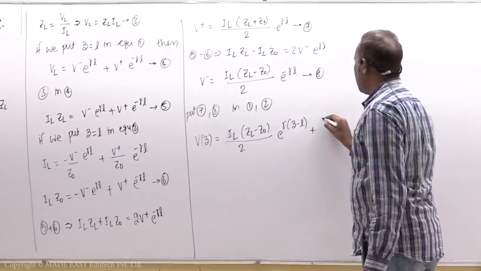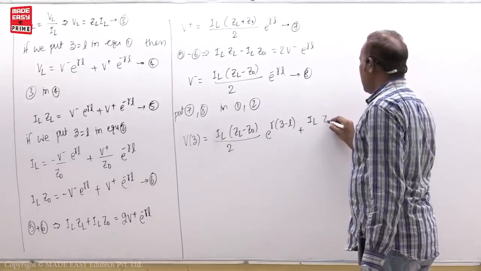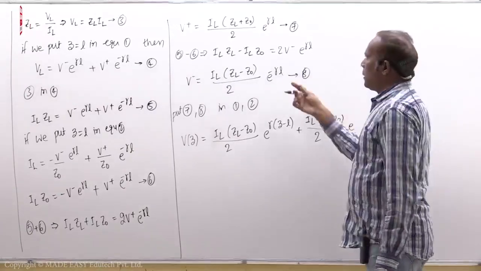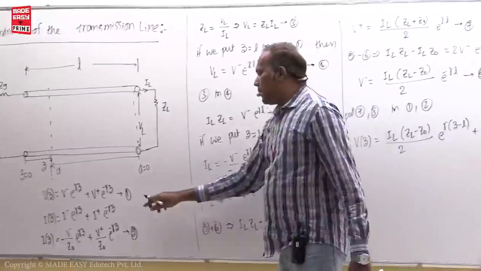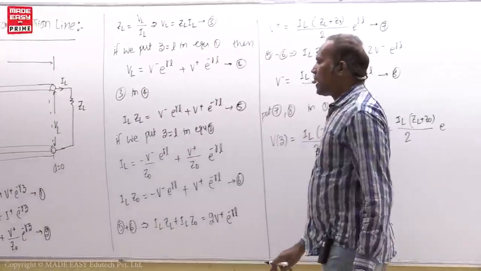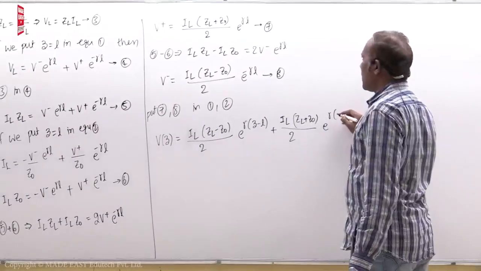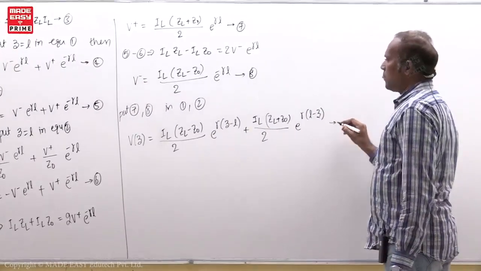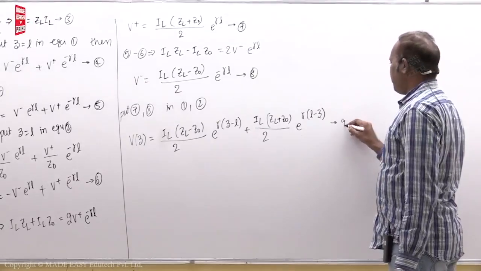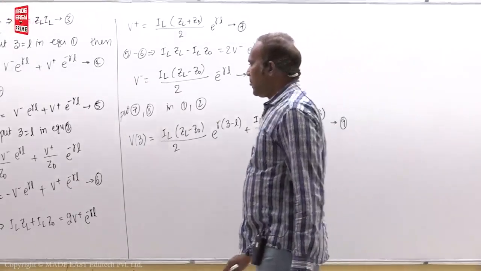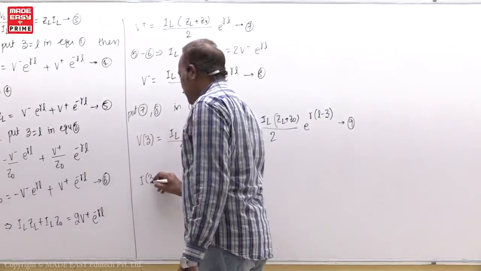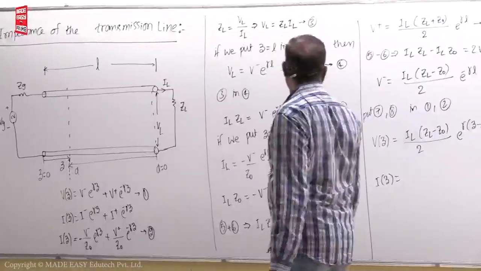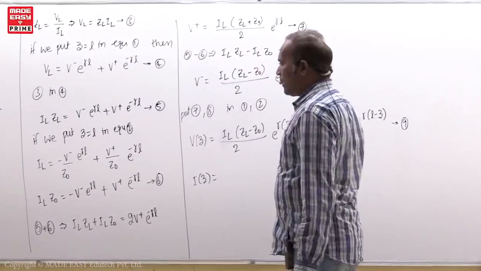Then you get I_L Z_L plus Z0 divided by 2 e^, here e^(gamma L) is there, here e^(minus gamma z) is there, so e^ gamma common, (L minus z) you get. So this is equation number 9. Similarly, you substitute V minus here. If you substitute V minus there, then what will you get?